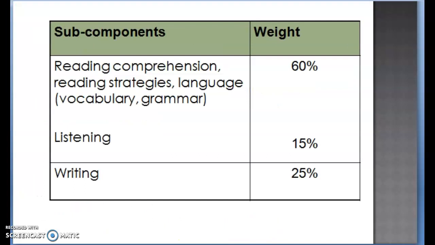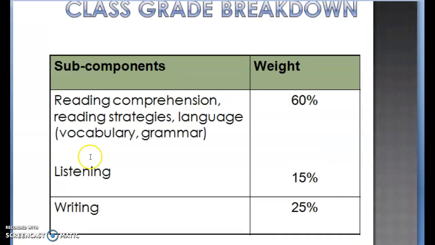But for both classes, Aleph and Bet, the class grade is made of 3 components. Reading comprehension, strategies, and language is worth 60%. Listening is worth 15%, and writing tasks are worth 25%. This equals 100, and this is 70 or 60% of your final course score, depending if you're in Aleph or Bet.